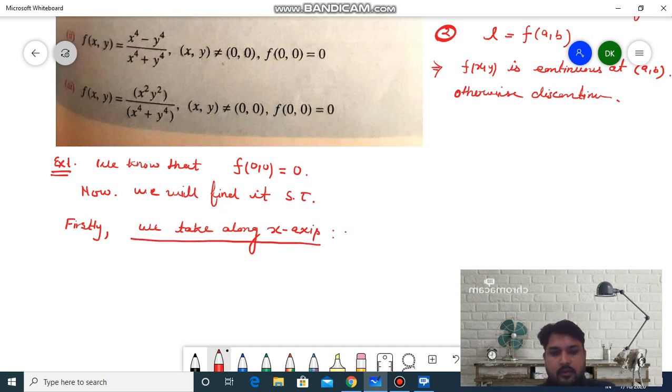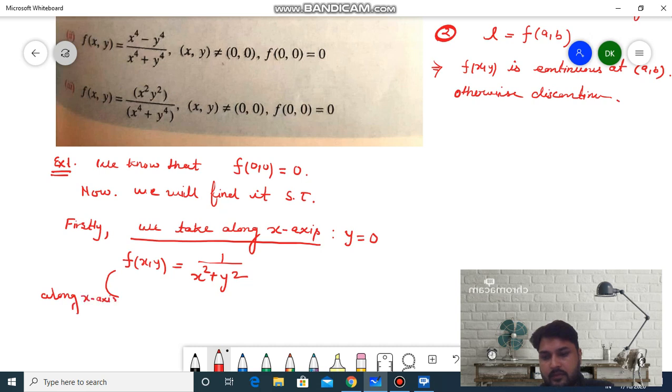And we know that along the x-axis y is equal to 0. So the function f(x,y) is 1 upon x square plus y square; along the x-axis, putting in place of y equal to 0, we get 1 upon x square.